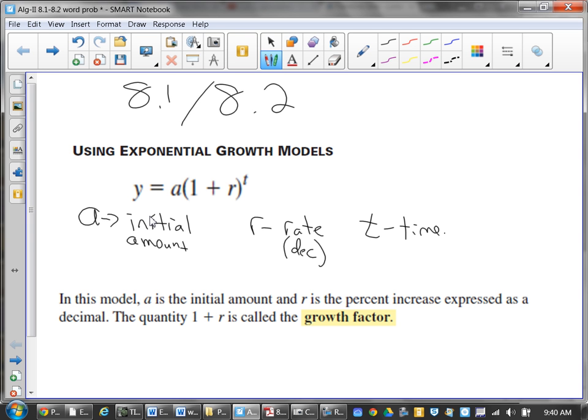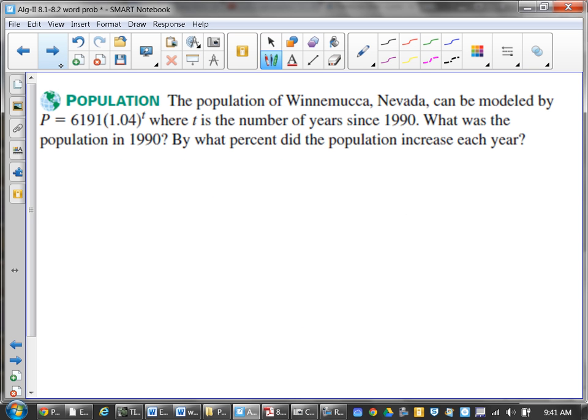So let me show you an example of how this stuff looks. Let me leave this written up here. So we've got growth. The most difficult part of this is usually converting a percentage to a decimal. 63% is 0.63. Very good. So let's look at this one.